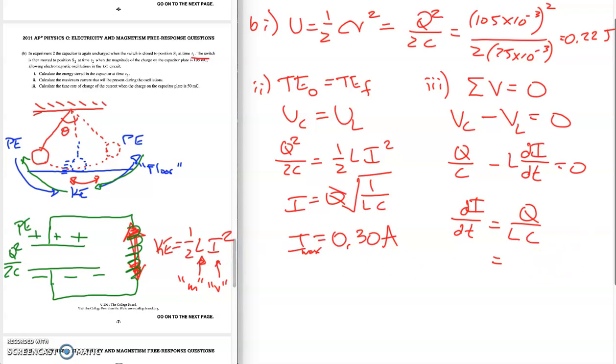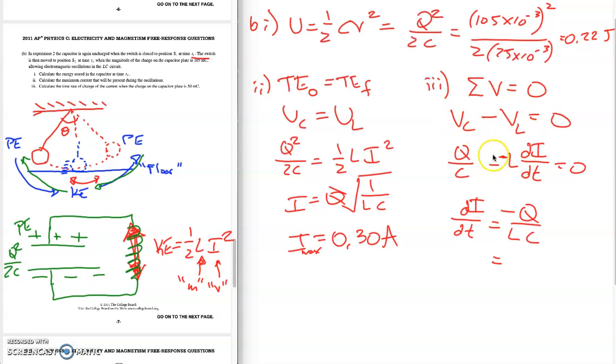So we can plug those numbers in. Oh, wait a second. We need a minus sign here. Yes, that's minus. And then this guy is itself having a minus. So we're going to have a minus there. Remember, the inductor opposes the change. So we're going to have to subtract the voltages to get back to 0.